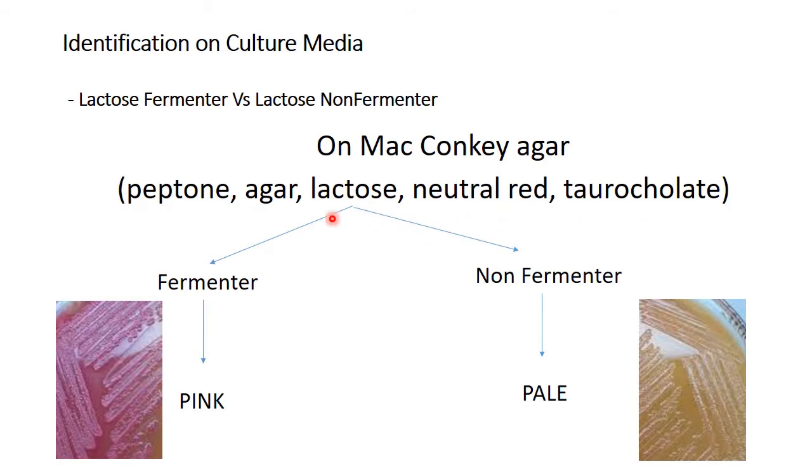Now the organisms which are able to ferment the lactose are termed as lactose fermenters, and they are pink in color as acid is formed from the lactose, while the organisms which are not able to ferment lactose are termed as lactose non-fermenters, and the color of the organism is pale or colorless.